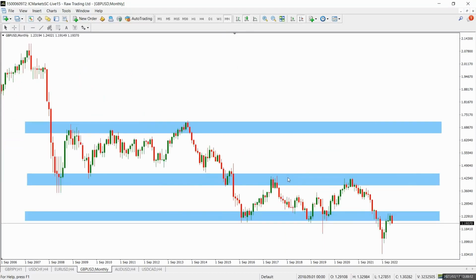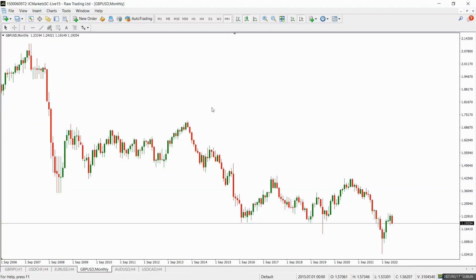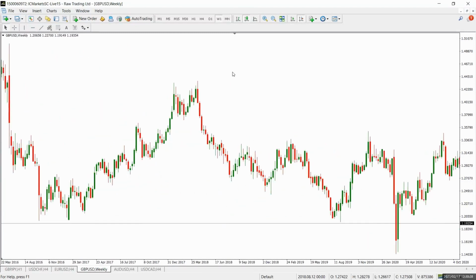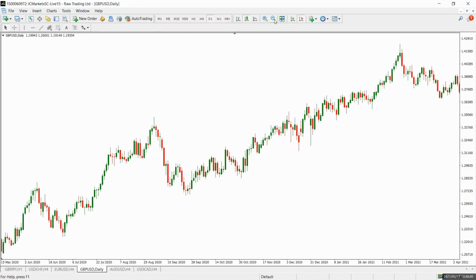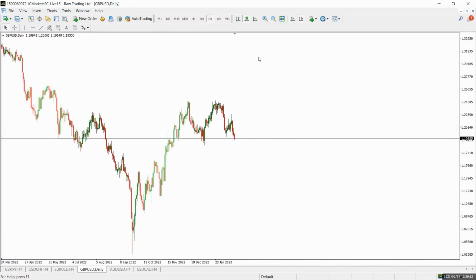So we got this area. Now, before I call it a day, let me show you guys, let's backtest a little bit, and let's see how we can actually use the horizontal support and resistance tool to form a key value area and use it to find trading opportunities.